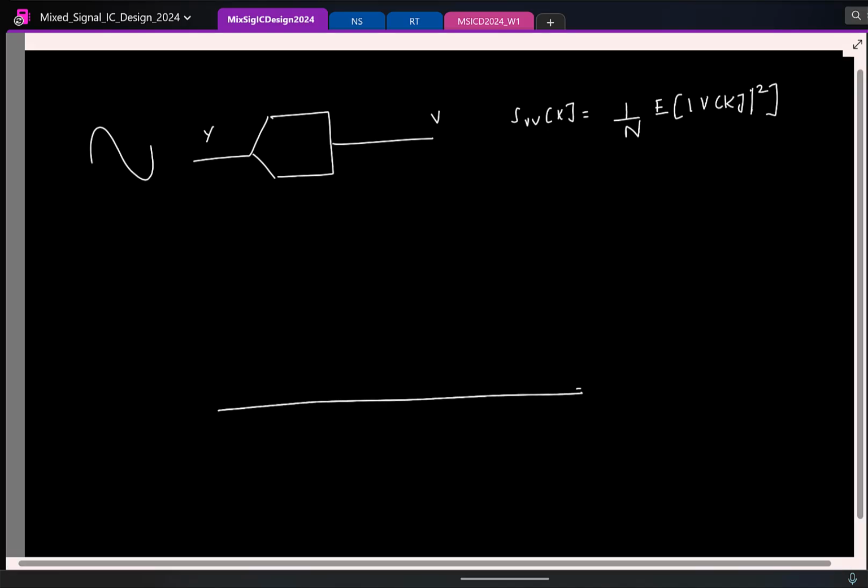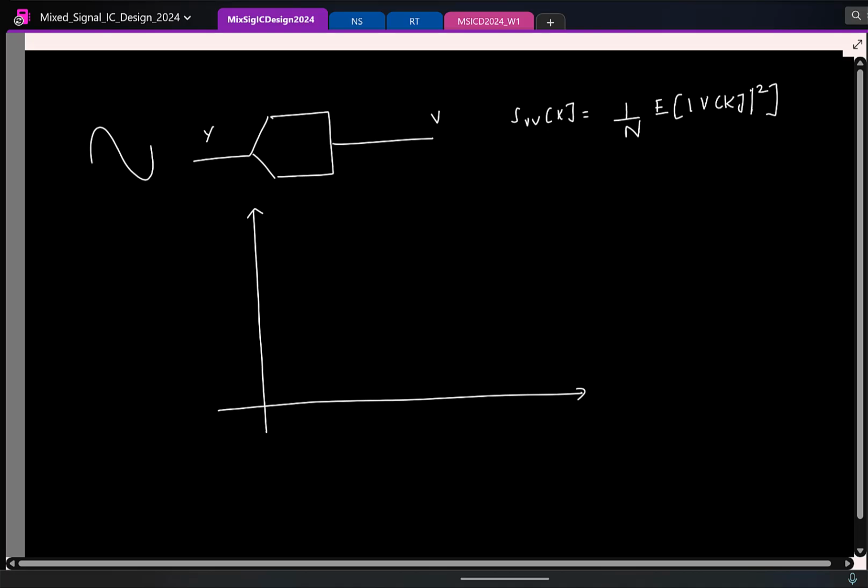If I plot the one-sided PSD, this is S_VV of k, with k going from 0 to n by 2.